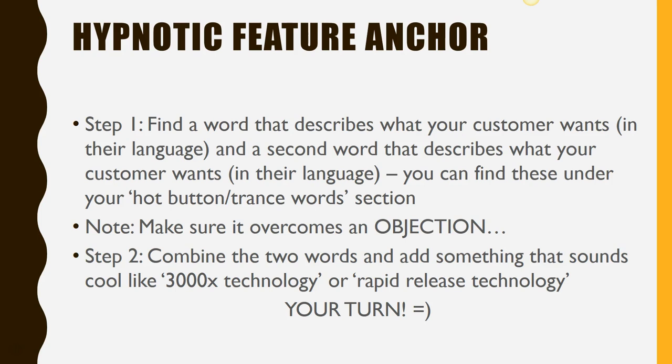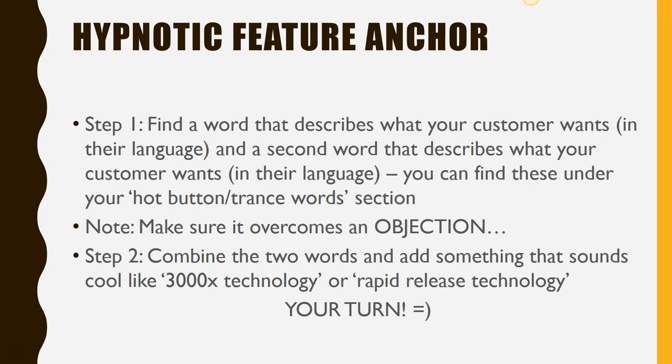And the way you find the objection is to scroll down to the bottom left-hand side of your competitive analysis Excel, and look there, and you're going to have a list of things they didn't like about the other products, right? Because you've already written those down. So you're moving away from those and towards the transformation, okay? Then you can combine the 2 words and add something that sounds cool or sexy, like 3000X technology if you want, or rapid release technology.